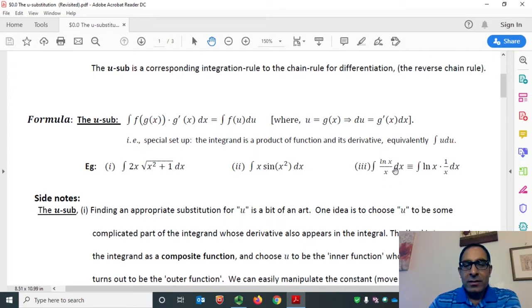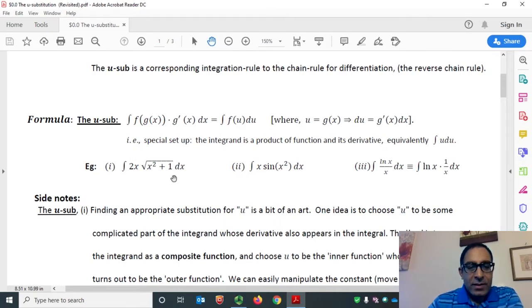Though it looks like a quotient here, it's actually the product of two functions, so we can compare the given integral to these integrals here and apply the U-sub. So here we put u equals ln x, then its differential turns out to be du equals 1 over x dx, and we can easily convert this x integral to the u integral.